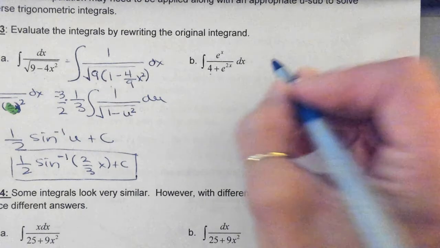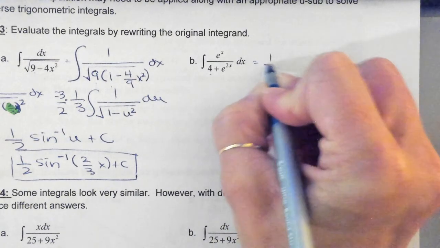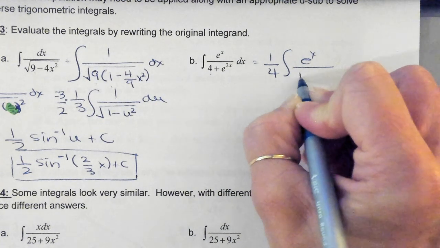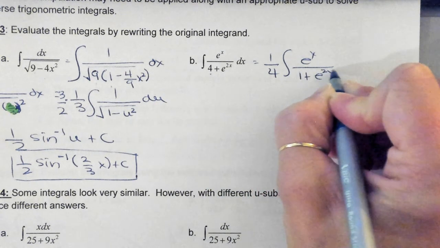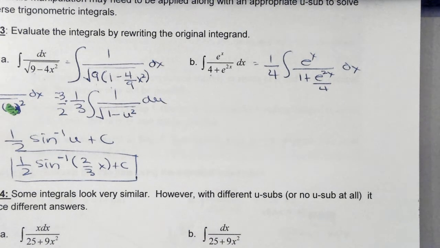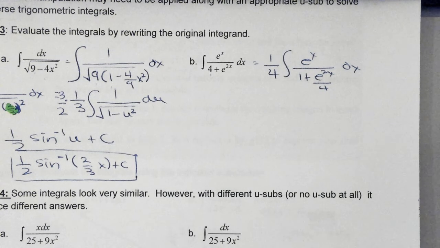1/4. Perfect. So we have 1/4 times the integral of e to the x over 1 plus e to the 2x over 4, and then I have a dx here. Okay, is 4 a perfect square? Think before you answer. e to the 2x, is it a perfect square? It is. Think about it. When your base is the same and you're multiplying, what do you do to your exponents?